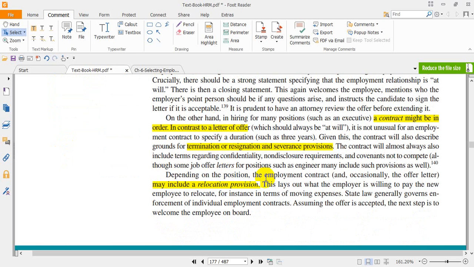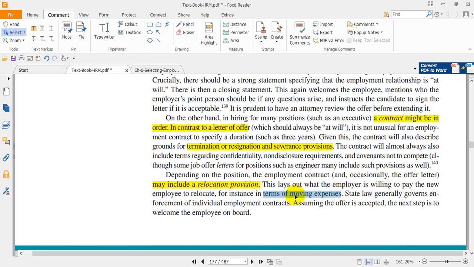may include a relocation provision. This lays out what the employer is willing to pay the new employee to relocate, for instance, in terms of moving expenses.